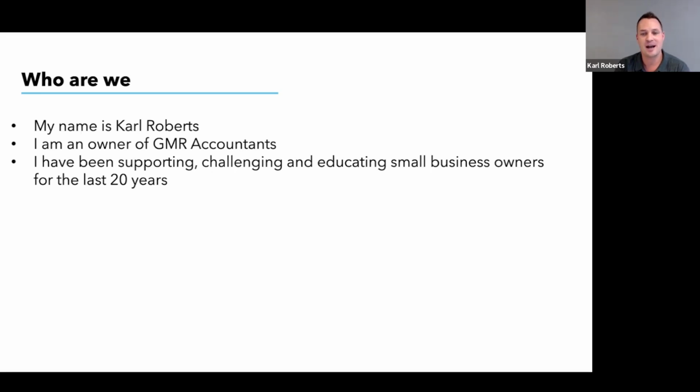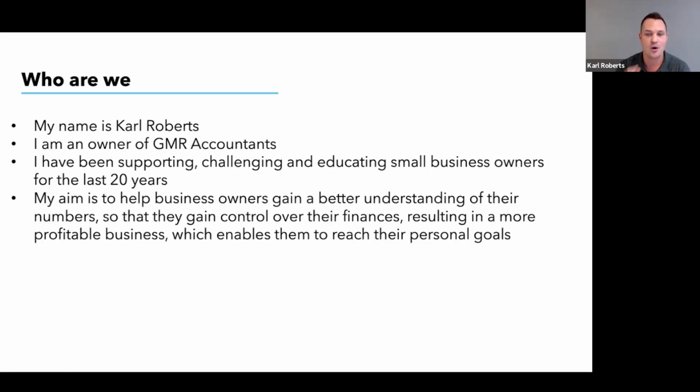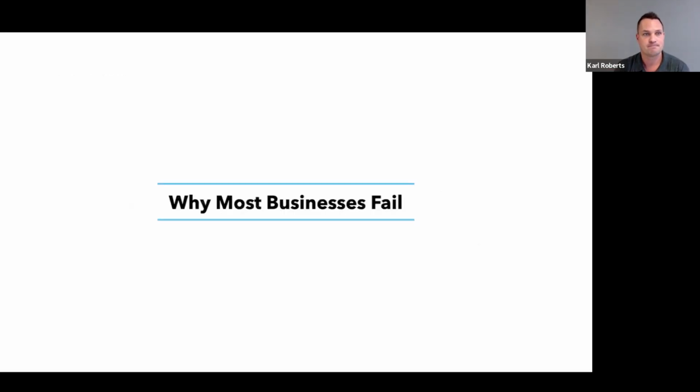And it's only when I started creating relationships with my own clients that I realized that what I could provide to my clients could be so much more. So I turned my business into more of an educational model, actually helping people understand their numbers. My aim is to help business owners gain a better understanding of their numbers so that they can gain control over their finances, which results in a more profitable business, which enables them to reach their personal goals.